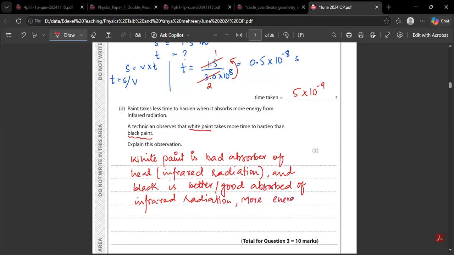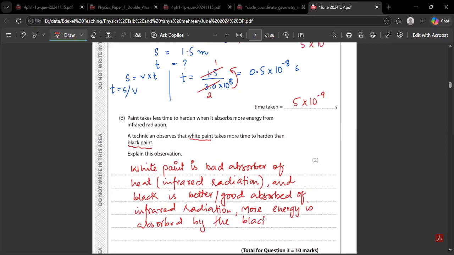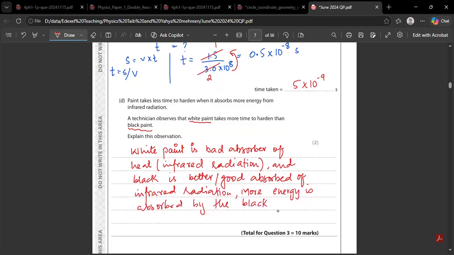Okay, so more energy is absorbed by the black paint, right?